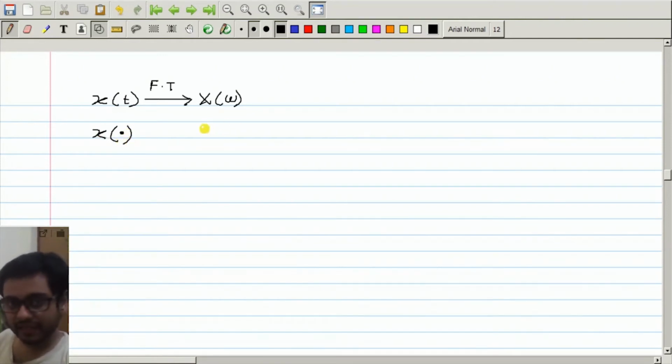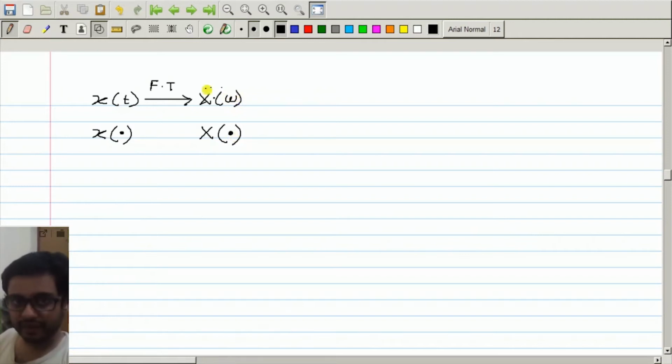Similarly, this capital X is also a function by itself, even if I do not mention what is the variable. I will just put a dot. Dot means I am not telling you what is the variable.